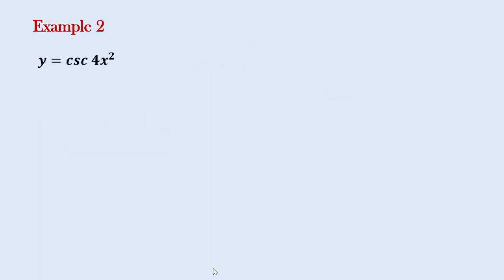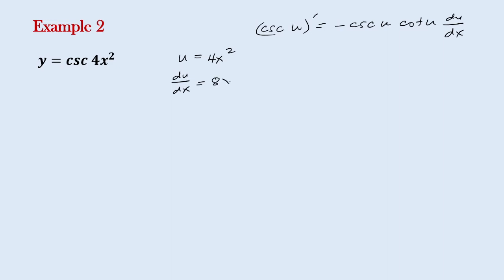Another example, let's say we have cosecant of 4x squared. So remember that the derivative of cosecant u is equal to negative cosecant u cotangent u times du/dx. So in this case, we are letting u be equal to 4x squared, and the derivative of u with respect to x is equal to 8x.